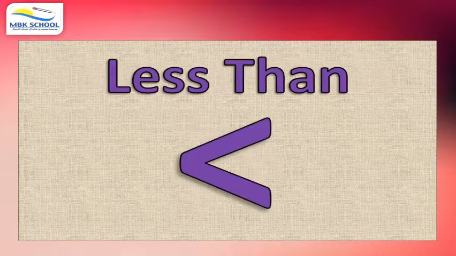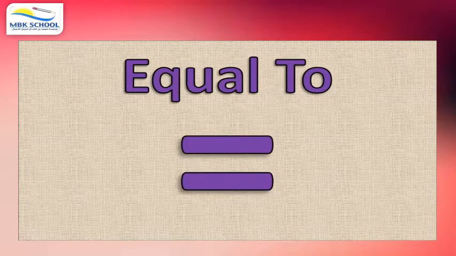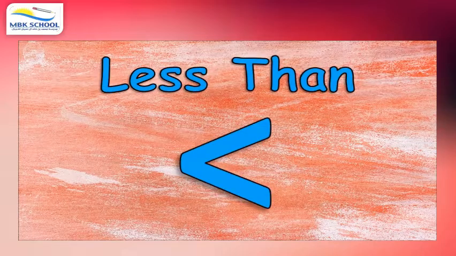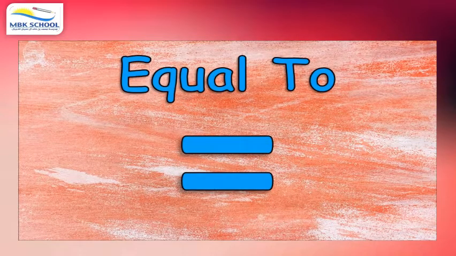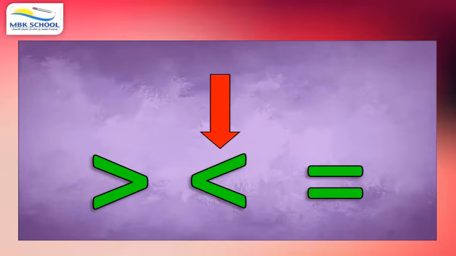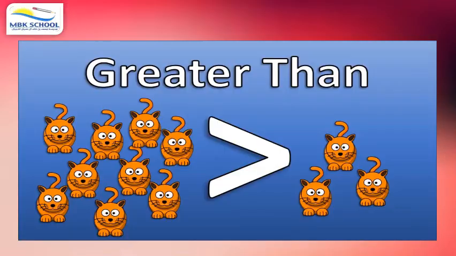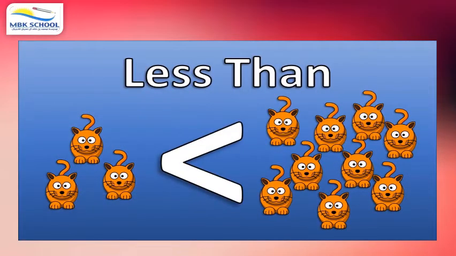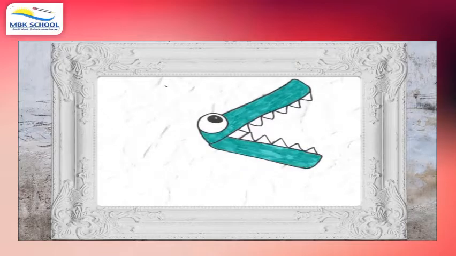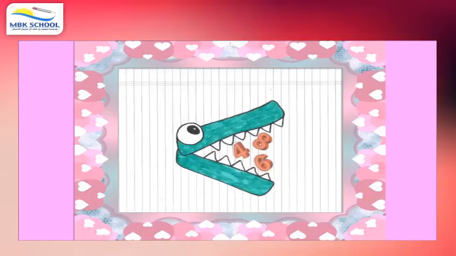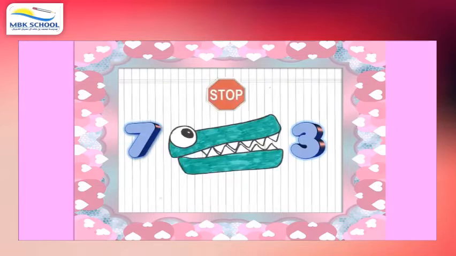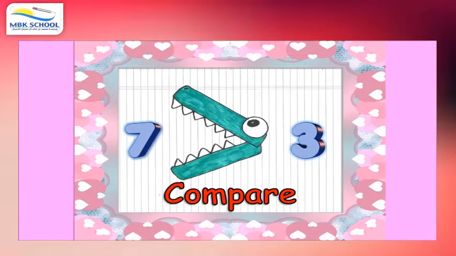Greater than, less than, equal to. These symbols are the ones you use for greater than, less than, and equal to. Once upon a time there was a hungry alligator. He loved to eat numbers, so he figured out a way to always get the biggest bite when the numbers were there. He would stop for a second, take a look and compare.